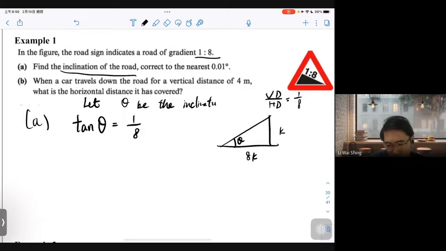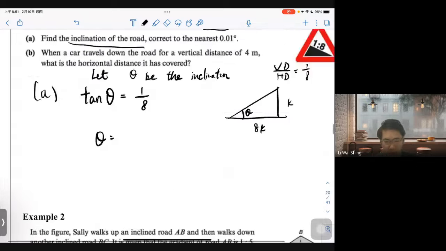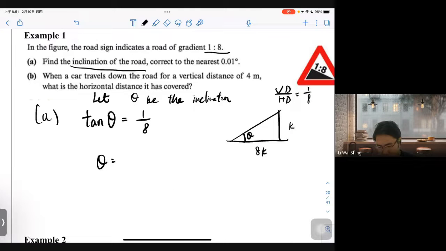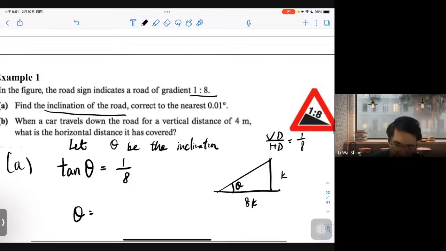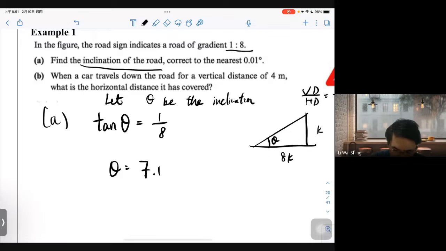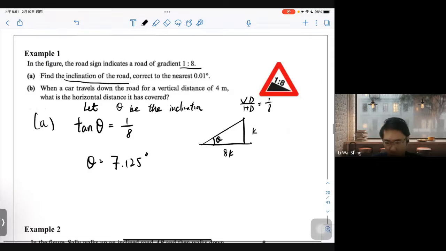Thank you. So theta equals, let me find that out. 7.125 degrees. Correct to 0.01 degree, that means it is 7.13 degrees.